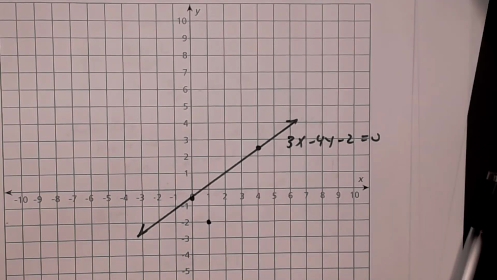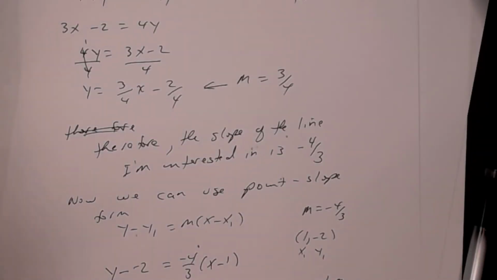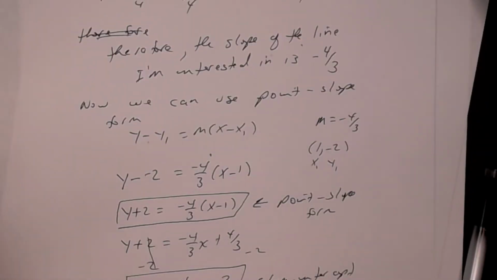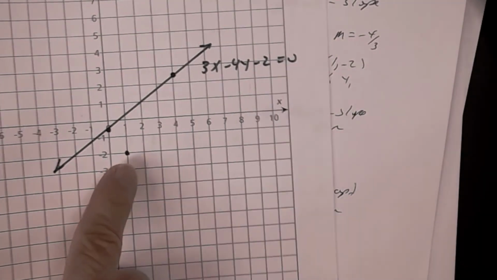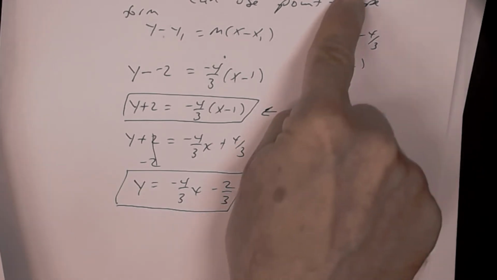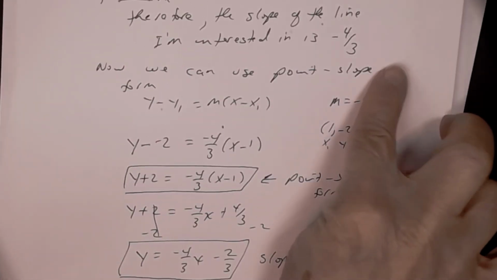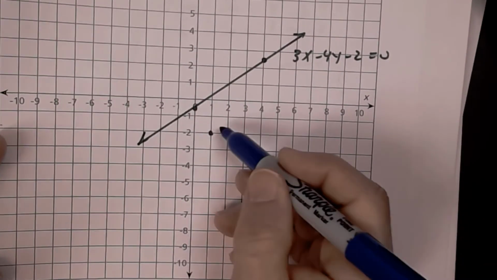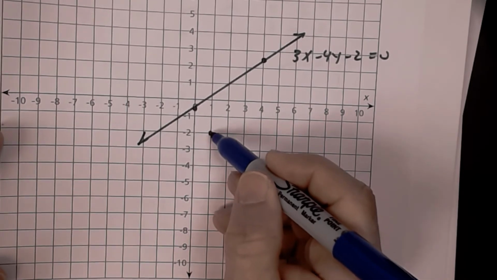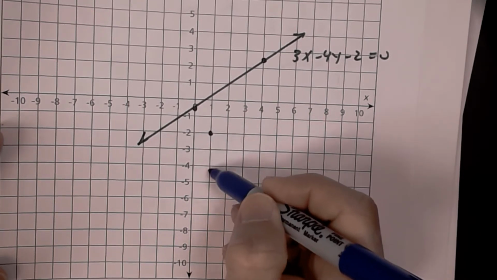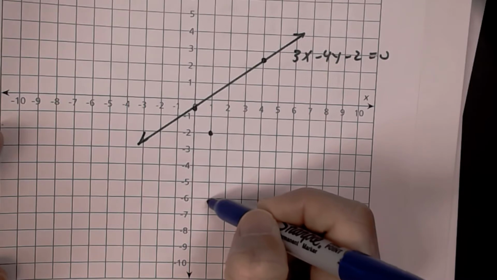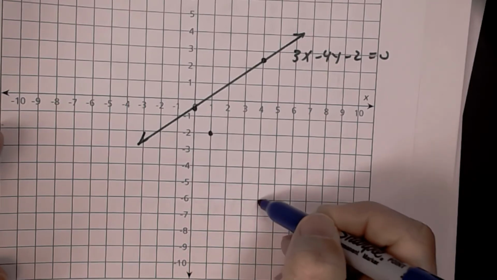Okay, and so we found, listen carefully, the slope of that blue line I want to draw. Remember, it's negative 4/3, right? So from this point, I'm going to go down 4, 1, 2, 3, 4, and then to the right 3, 1, 2, 3.